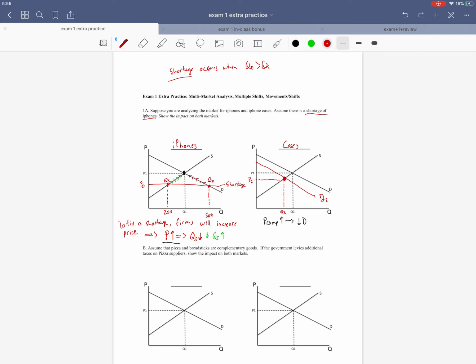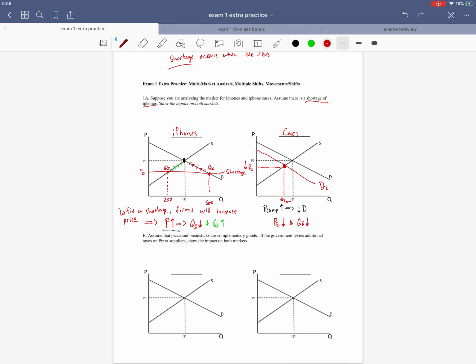As a result, we see that our equilibrium price has gone down, so cases are becoming cheaper, and our equilibrium quantity has decreased as well. So this is an example of those multi-market analyses, seeing how changes in one market affect another market.